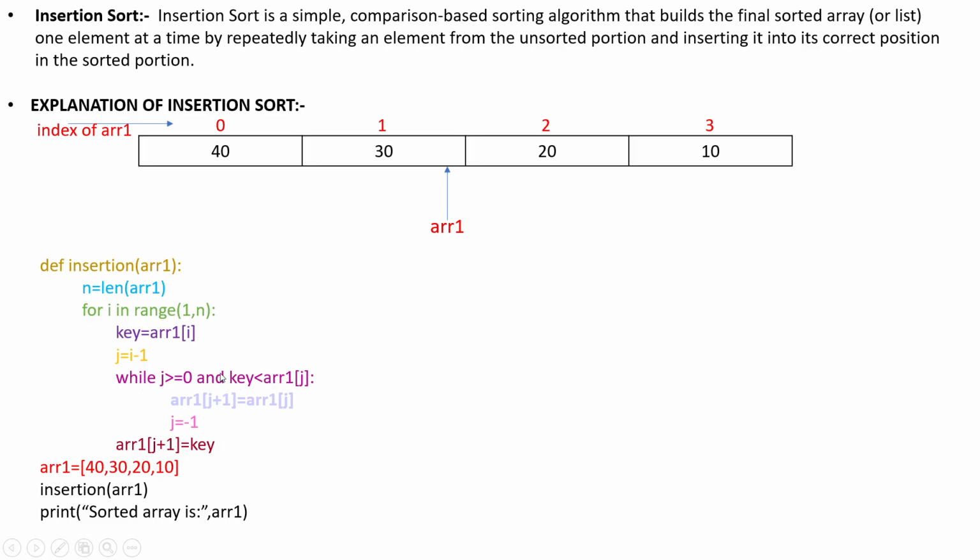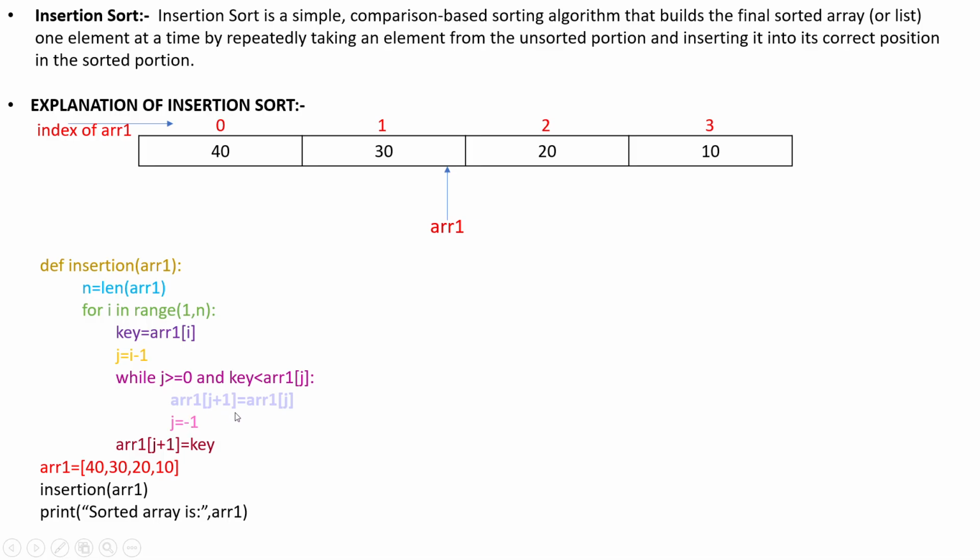The and keyword is used so that only when both conditions are true will the while loop execute. If one of the conditions is false, the while loop will not execute and it will come out of the loop. Now both conditions are true, so it will shift the elements. How will it shift? ARR1 of j plus 1, j is 0.